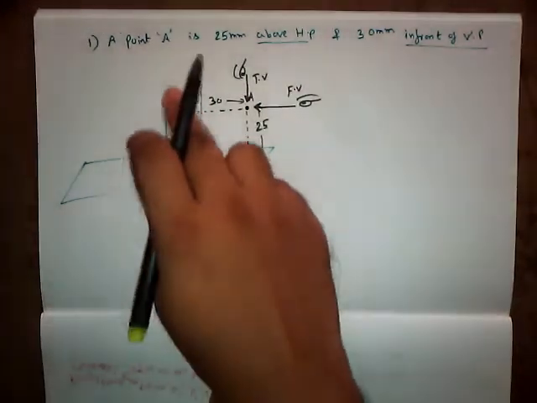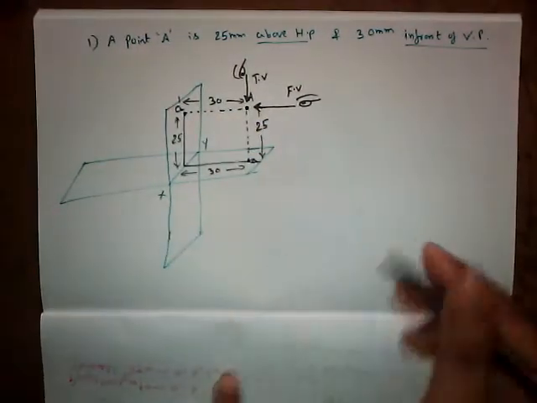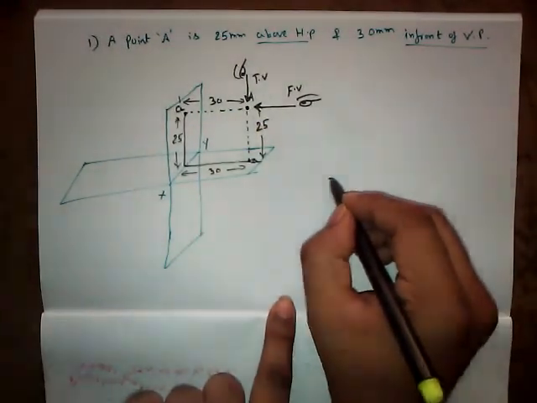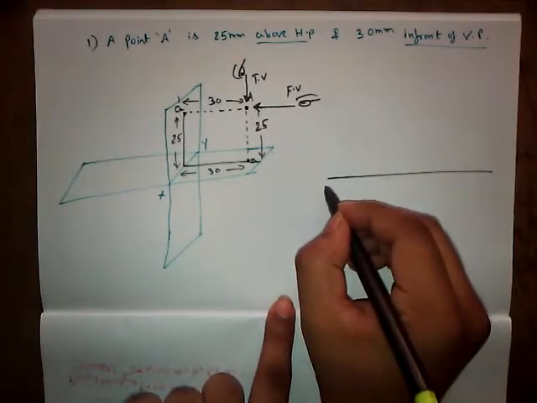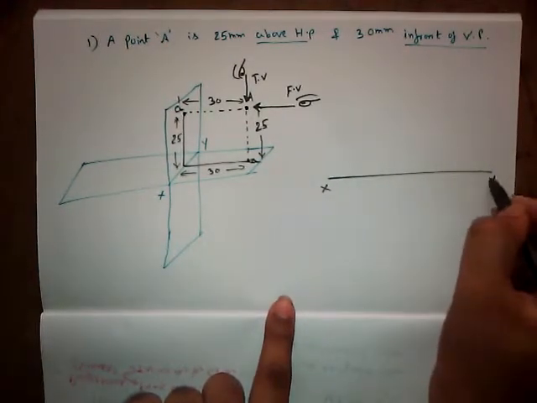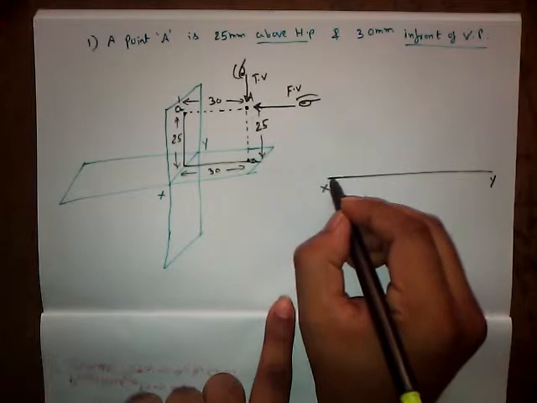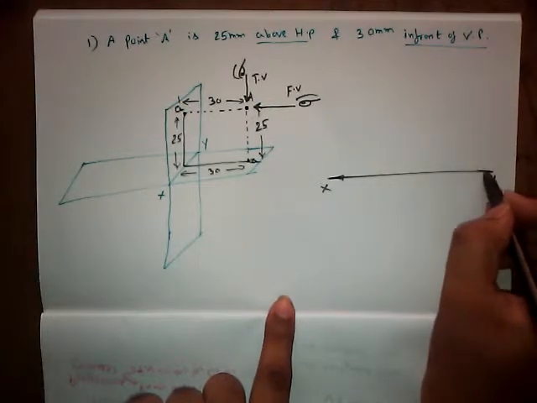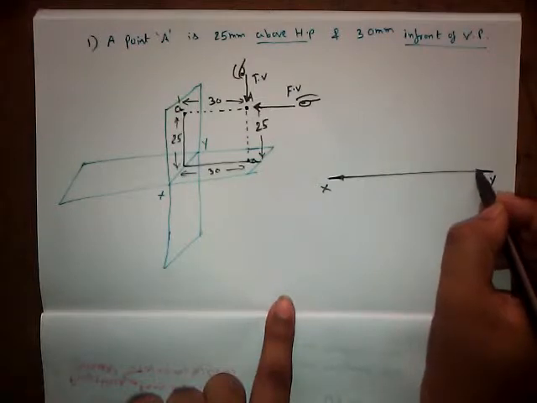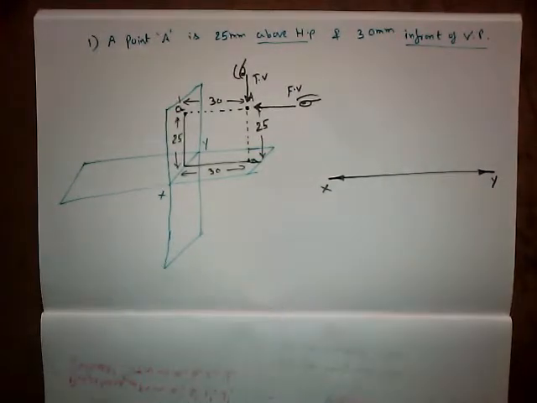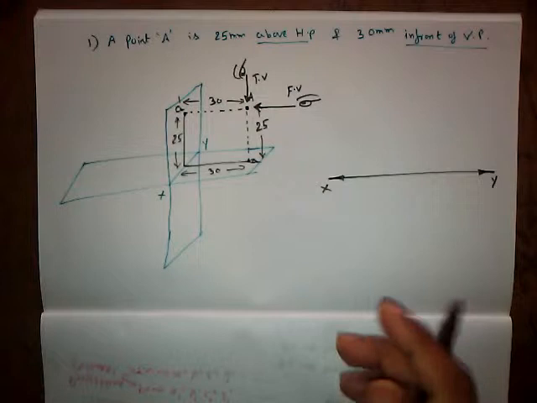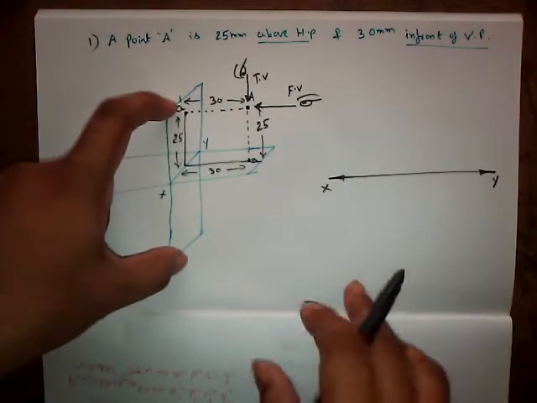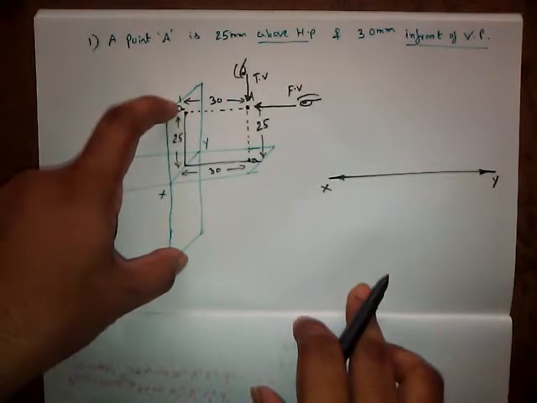As I said, the vertical plane is a fixed plane. Now we shall draw it on the paper. So the first part is to draw the XY reference line. This is our XY reference line. Now we need to designate the point. As I said, the vertical plane is a fixed plane, so this is not going to rotate.